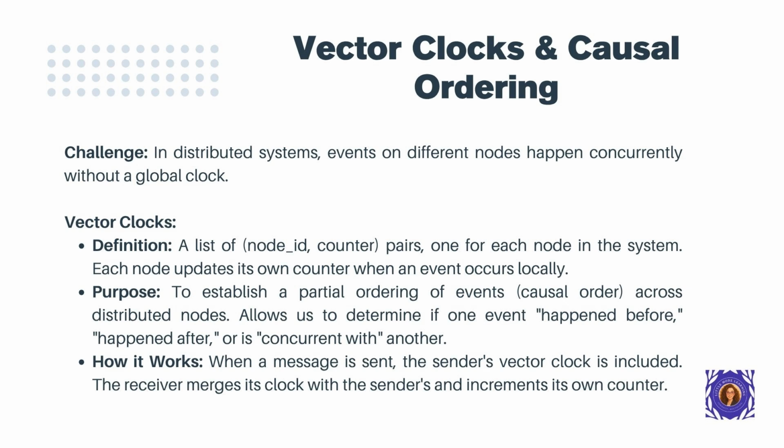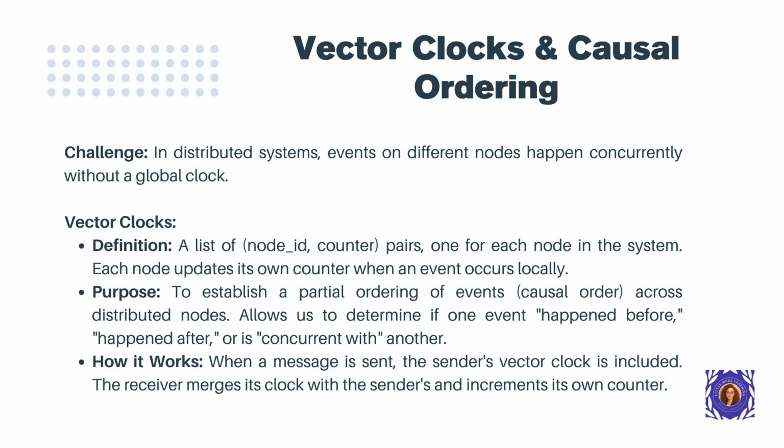It's represented as a list or array of (node_ID, counter) pairs, with one entry for each node that is part of the entire distributed system. The primary purpose of a vector clock is to establish a partial ordering of events, often referred to as a causal order, across these distributed nodes.